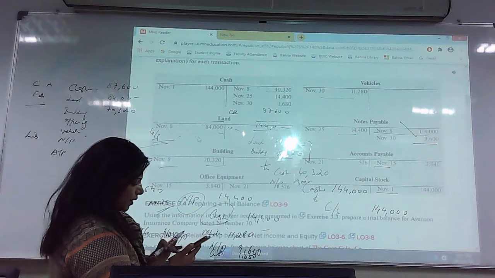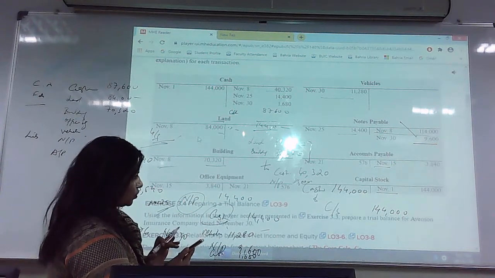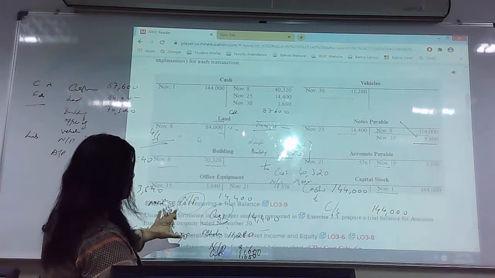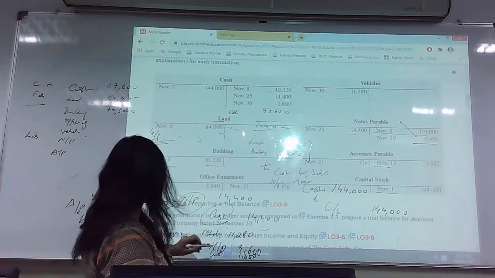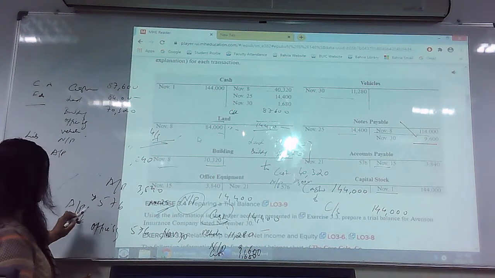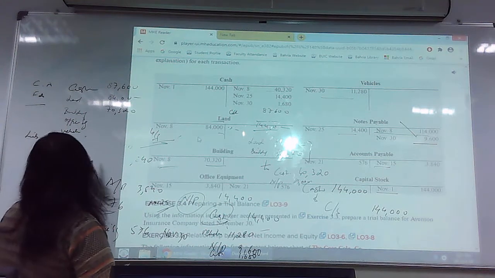So you can just simply find out by subtracting, but sometimes you're not that fortunate to find the balances directly, because you're supposed to make the journal entry, then make the ledgers yourself. But you have to look at what accounts payable was initially. This was 3,840. Then you have the debit entry as well, and you subtract these, and you get 3,246.